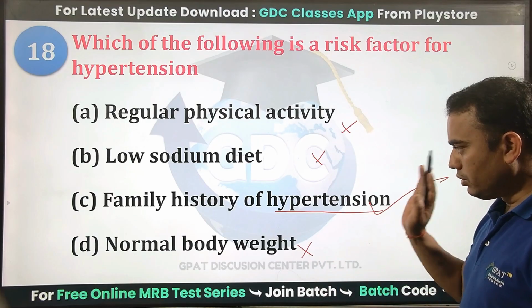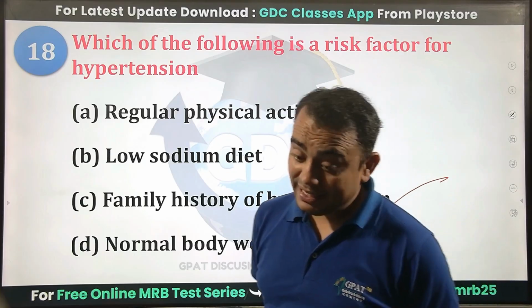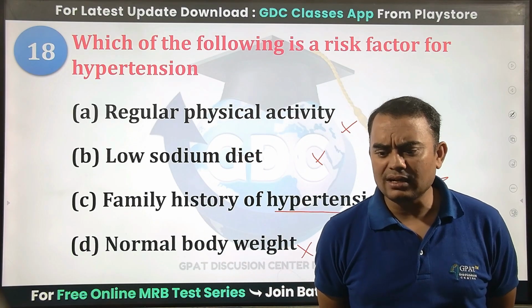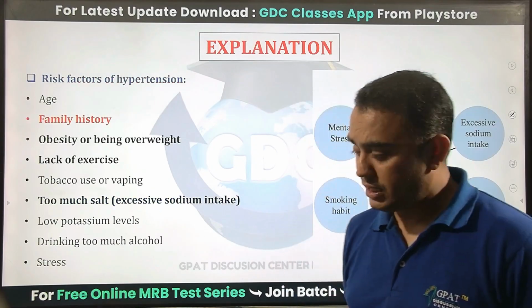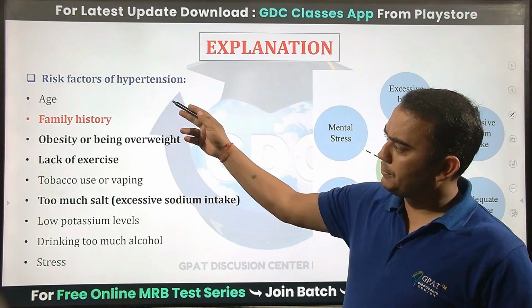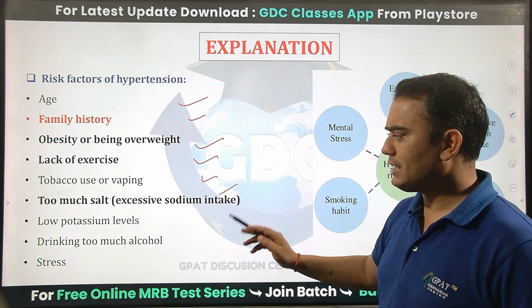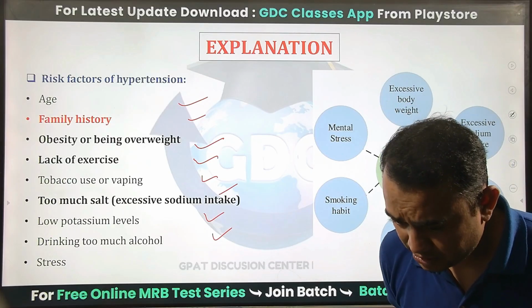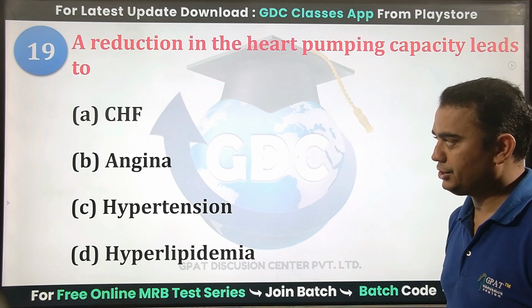No. If a person has a family history of hypertension, there may be a chance their offspring will also have it. So risk factors for hypertension are family history, obesity, lack of exercise, tobacco or vaping, too much salt, low potassium level, and drinking too much alcohol.